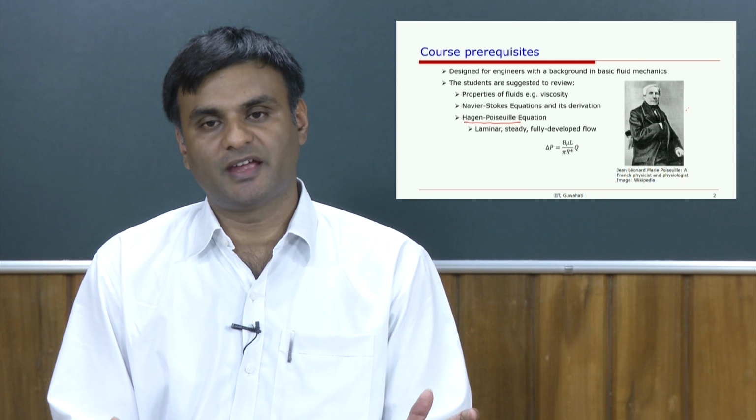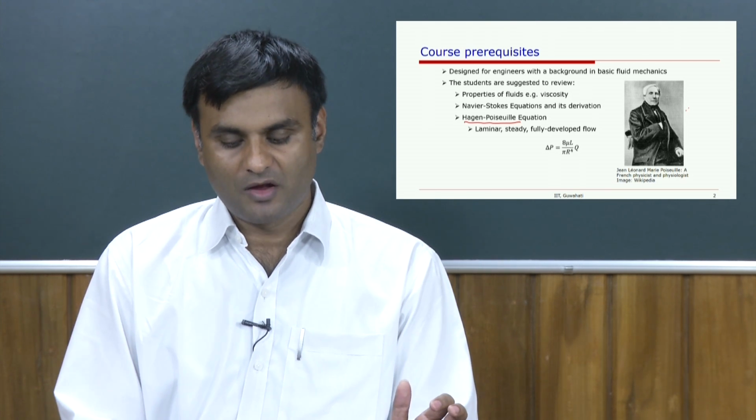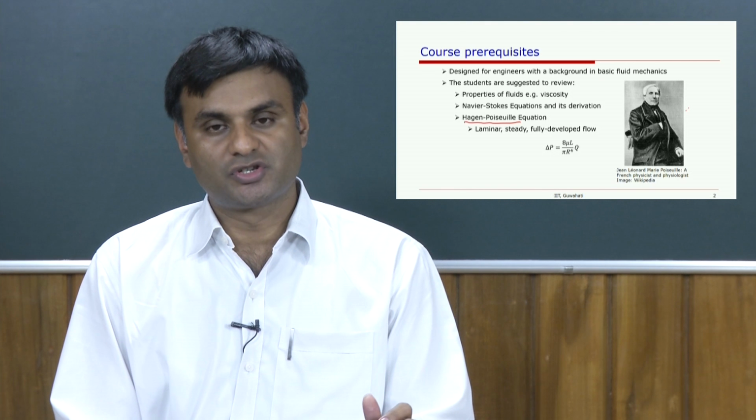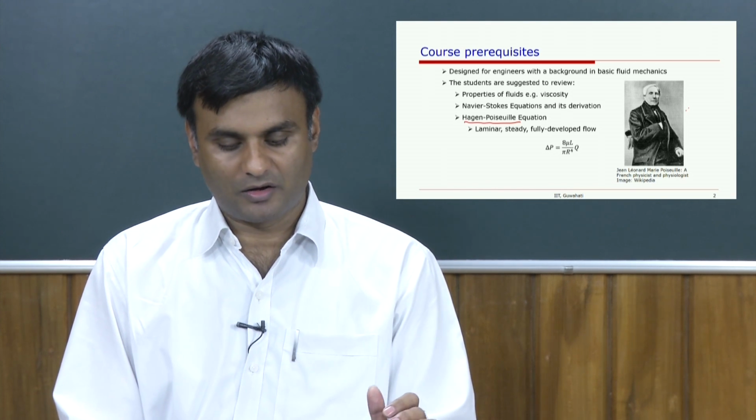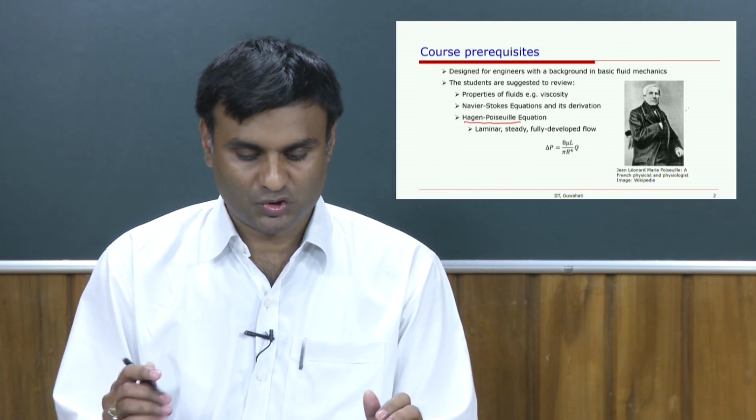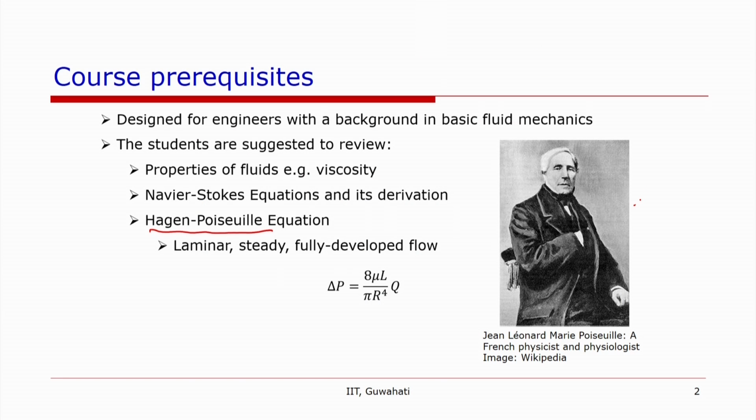To understand that, he developed the Poiseuille equation, which can be derived from the Navier-Stokes equation itself for laminar, steady and fully developed flow in a channel. This relationship is between the pressure drop and Q, the volumetric flow rate. So one is suggested to understand at least these basic concepts in fluid mechanics.